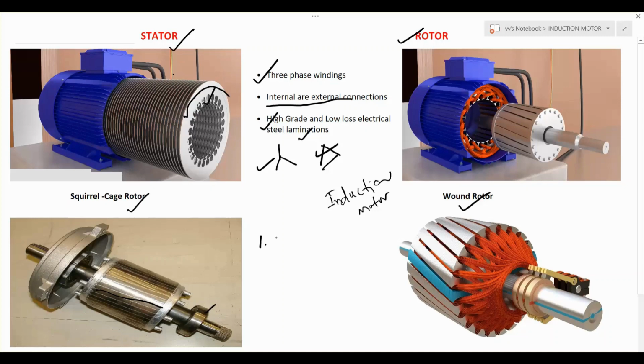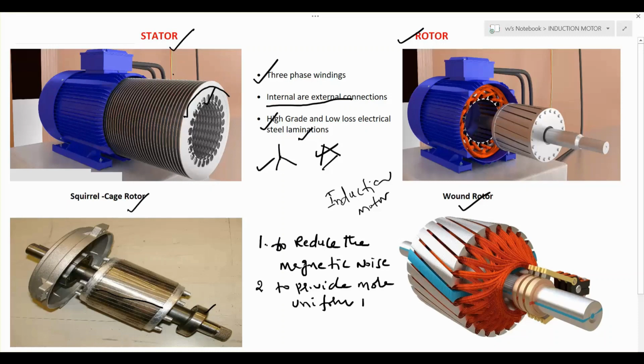One is to reduce the magnetic noise, second one is to provide a more uniform torque, and the last one is to prevent the possibility of magnetic locking.